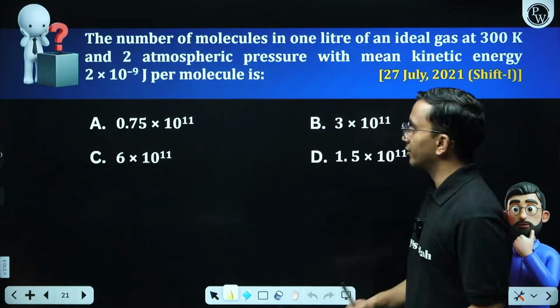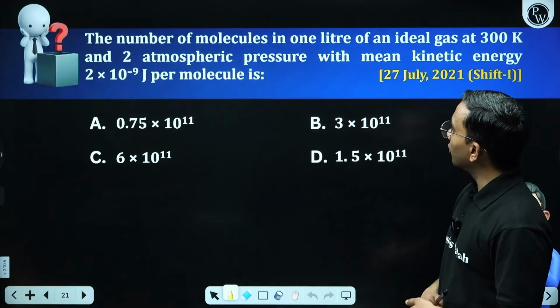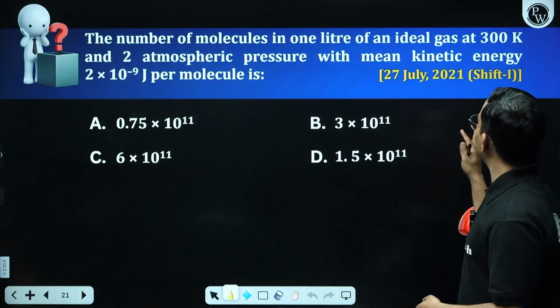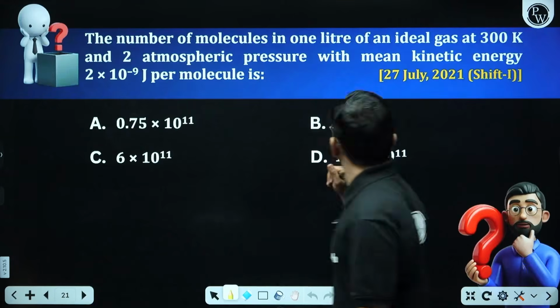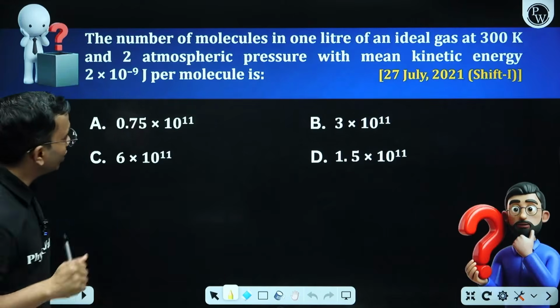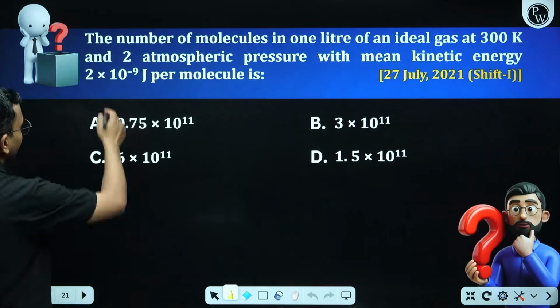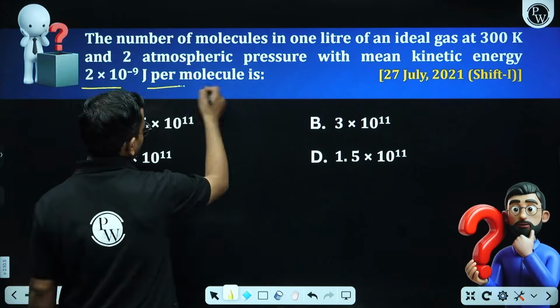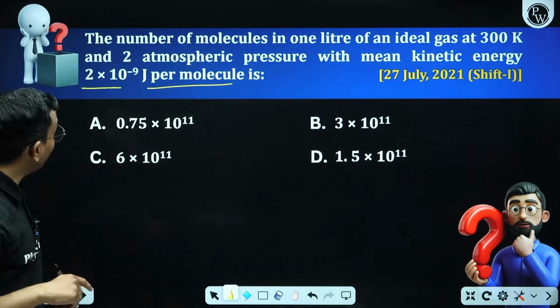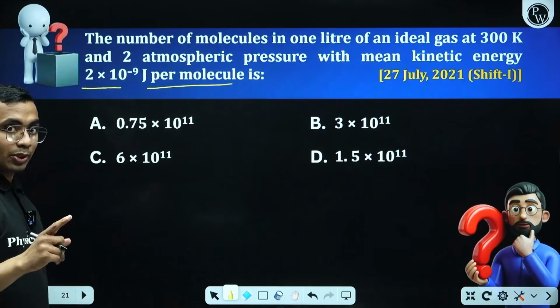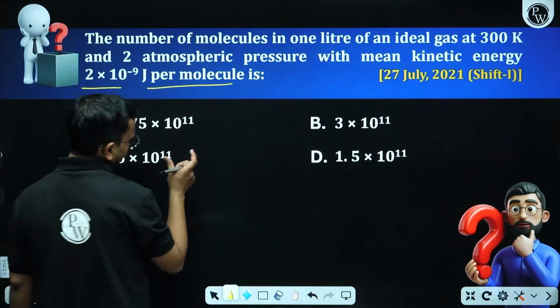Let us discuss this question. The number of molecules in 1 liter of an ideal gas at 300 Kelvin and 2 atmosphere pressure, with mean kinetic energy per molecule this. We need the number of molecules. Now try to understand this.